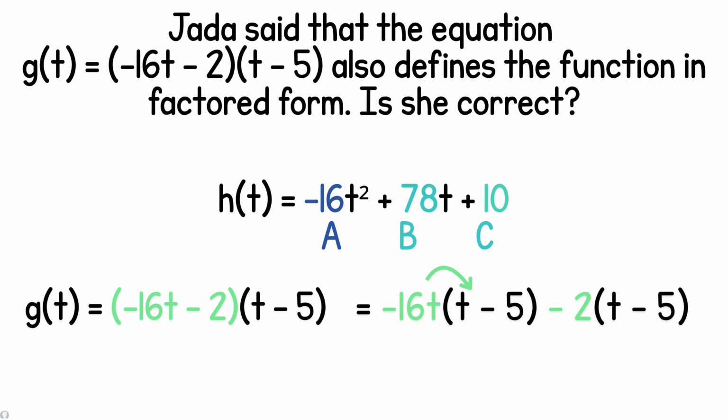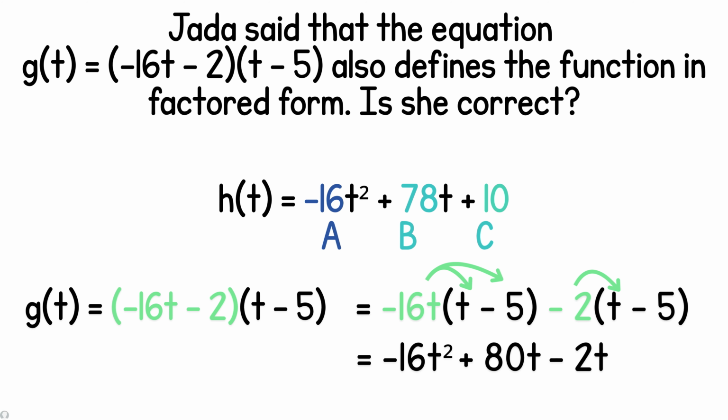Multiplying negative 16t times t will give us negative 16t squared. And distributing negative 16t to negative 5 will give us positive 80t. Now we'll distribute the negative 2, so we'll multiply negative 2 by t, which gives us negative 2t. And now we'll distribute the negative 2 to negative 5, which gives us positive 10.